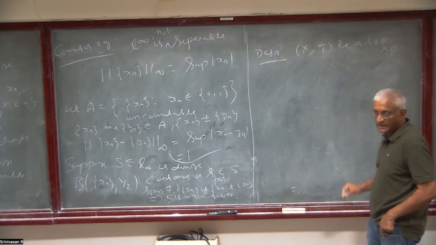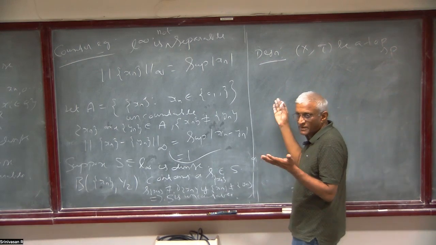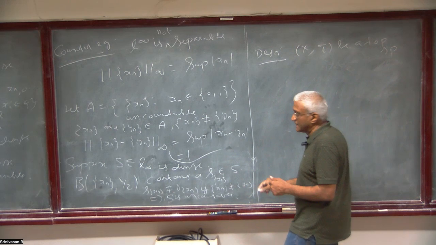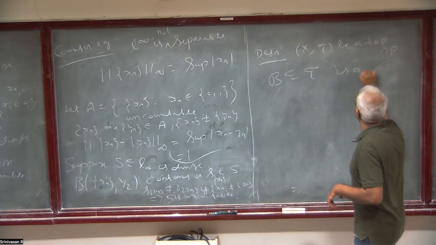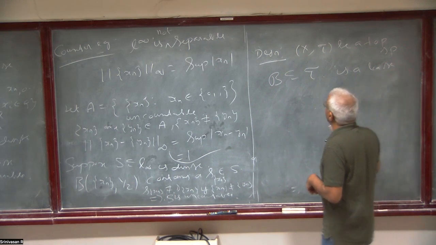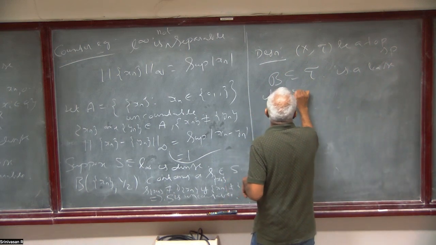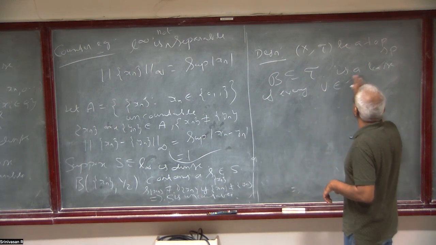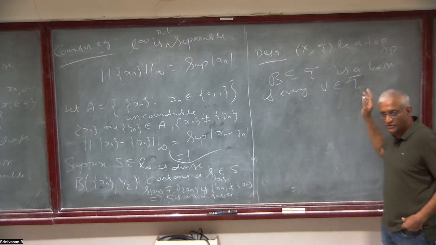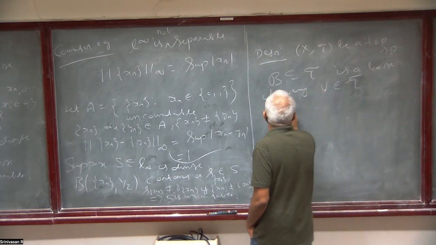This is general for a topological space, but we will deal only with metric spaces. A collection B contained in the topological space is a base if every open set U in this topology is a union of sets in B.